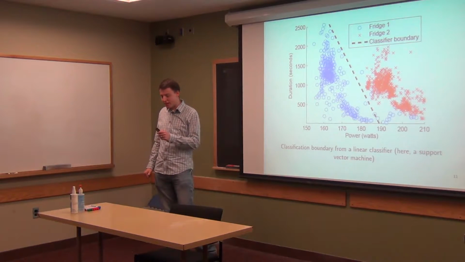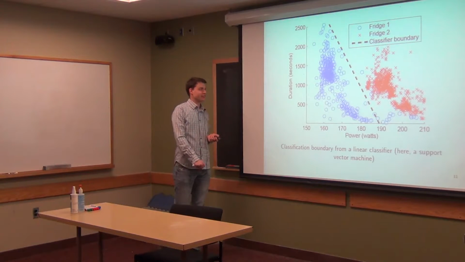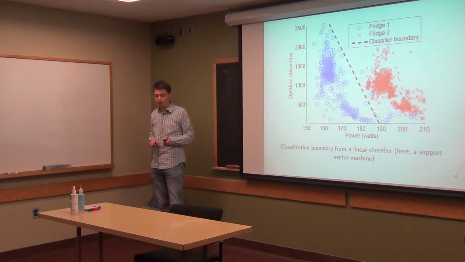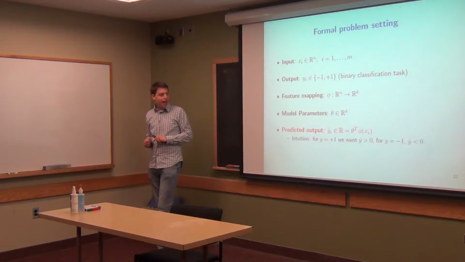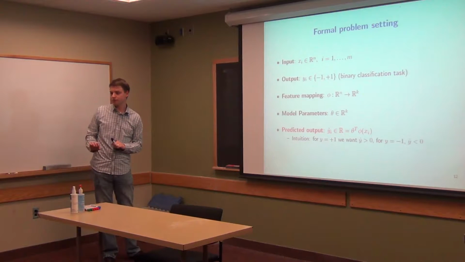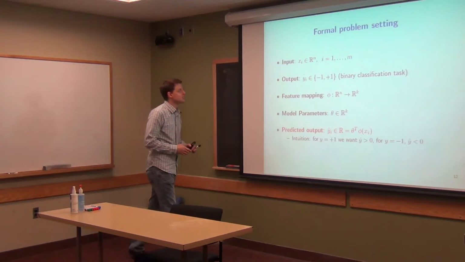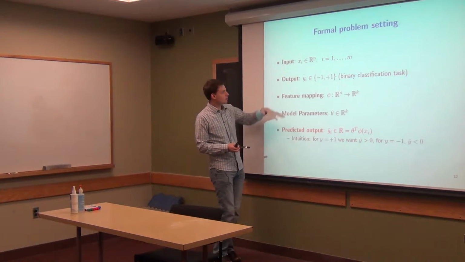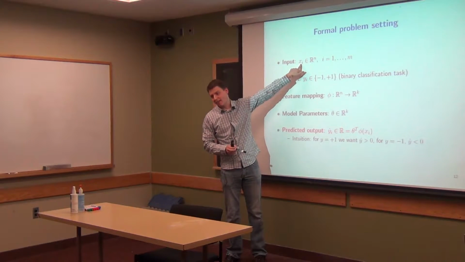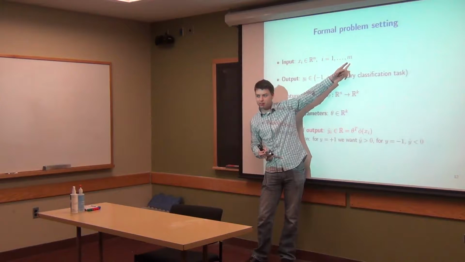Okay, so now let's formalize our notation a little bit. As we did for regression, let's talk about classification now a little bit more formally. Everything really stays the same as it did for the regression case. And I won't bother writing it too much, except, remember, our input is n-dimensional. Call it xi, and there's m of these.